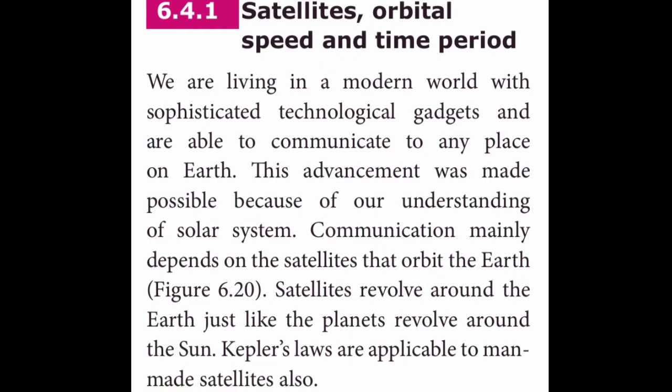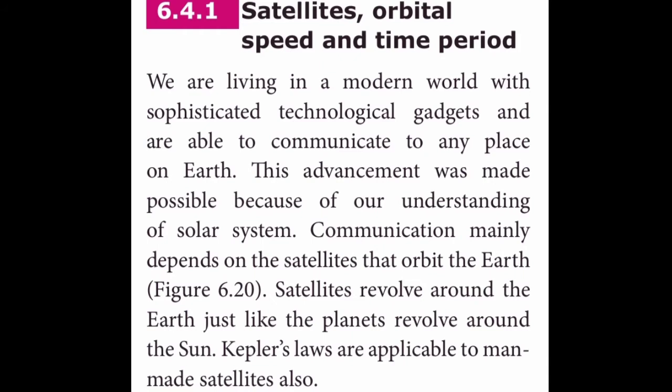So you well know about a satellite. In our day-to-day life we use satellites for communications. Also we use dish TV, telecommunications and radar signals. All these things are done by satellites. So how are satellites launched into space with the help of a rocket?